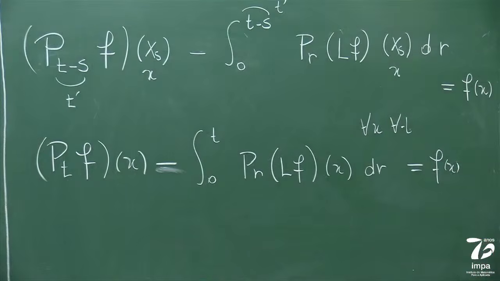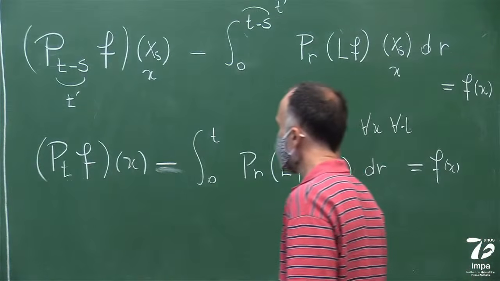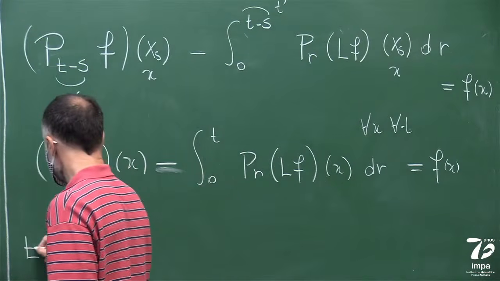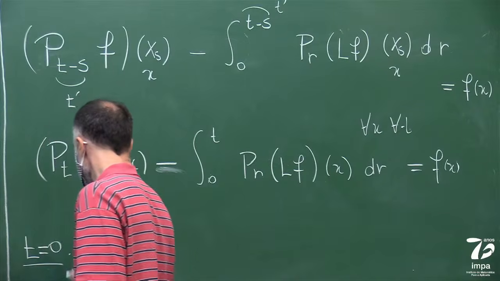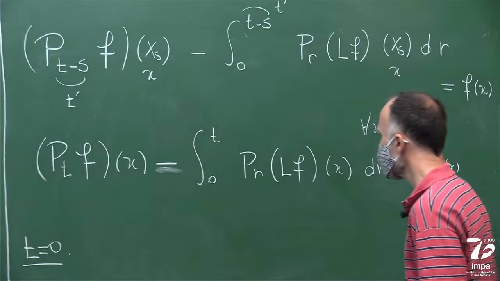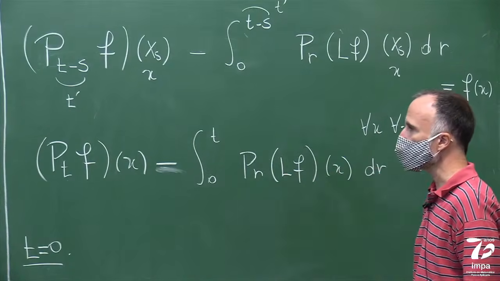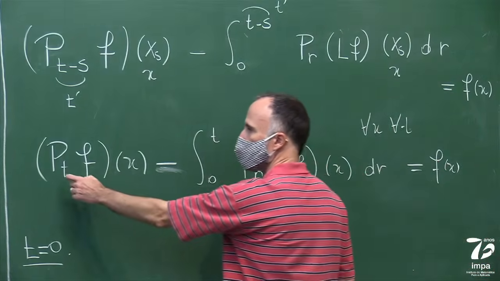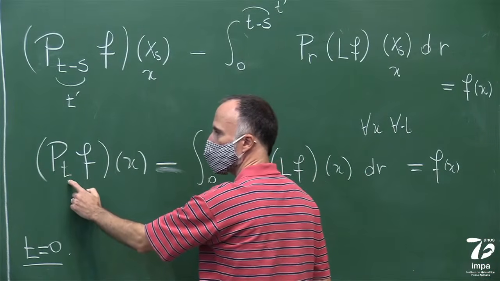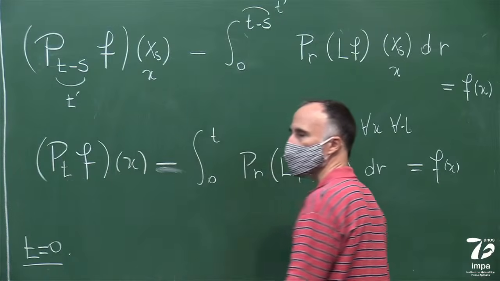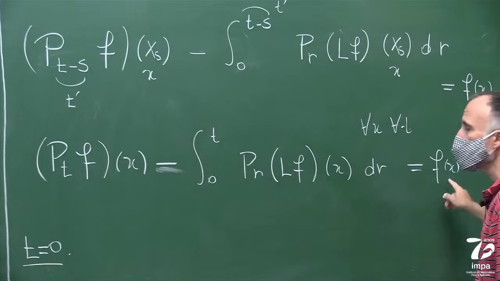Okay? This is what we need to prove. So at time t equal to 0, this is okay, because I don't have the second term, and P_t at time 0 is the identity, so this is f(x), and this is indeed f(x).